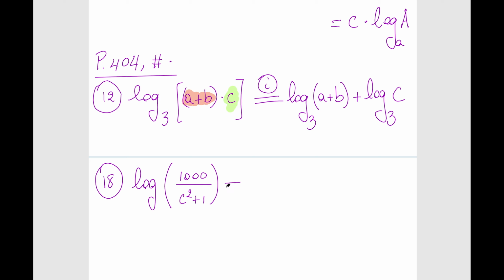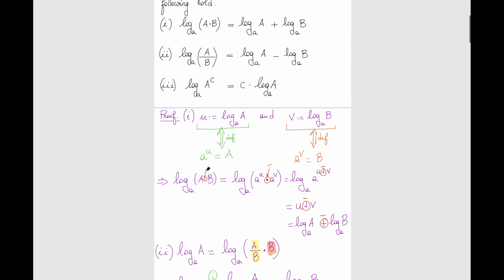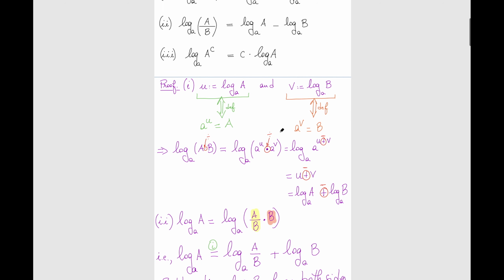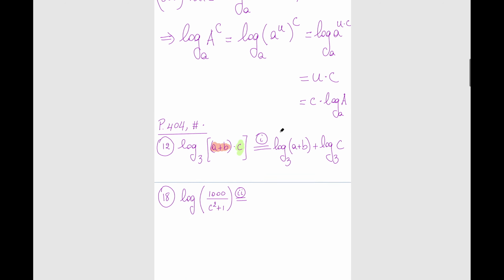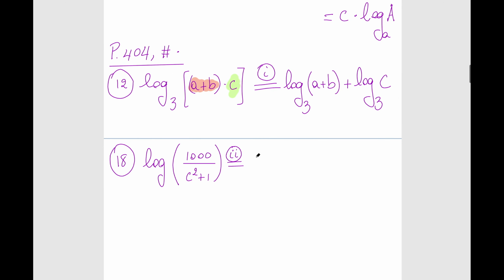Very good. So property 2 is going to handle it, because property 2, if you remember, is log of a quotient. And the log of a quotient is the difference of the logs: the log of the numerator minus the log of the denominator. Who's the numerator here? 1000. So property 2 tells us this is log base 10 of 1000 minus log base 10 of c squared plus 1, right?